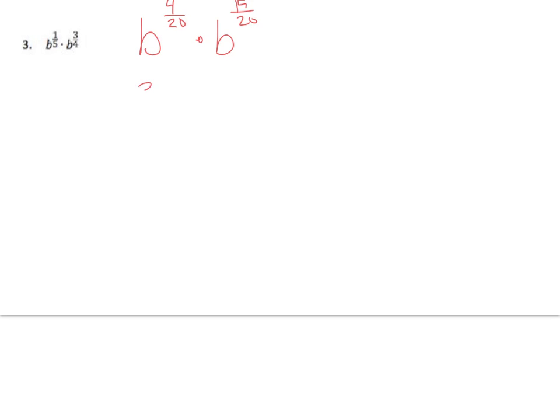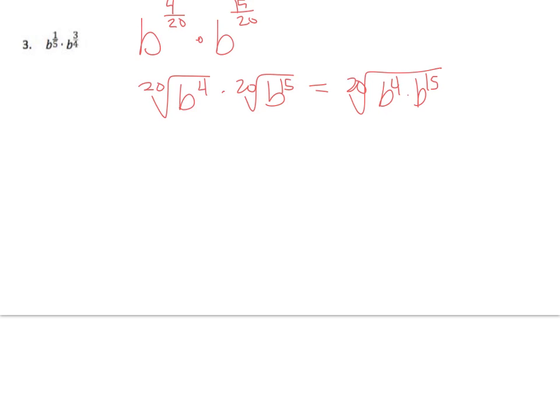So if I went radical route, 20th root, what? B to the 4th times 20th root, b to the 15th, 20th root, b to the 4 times b to the 15th, 20th, add those together, b to the 19 over 20.